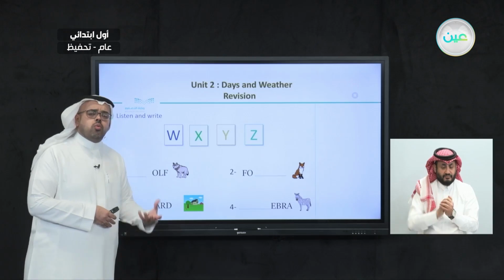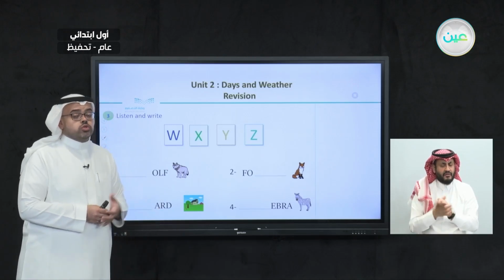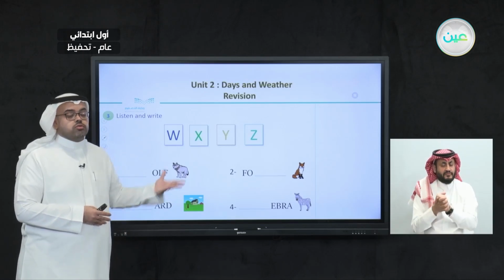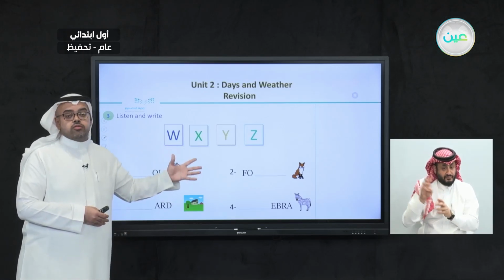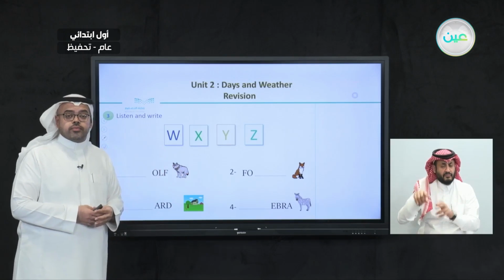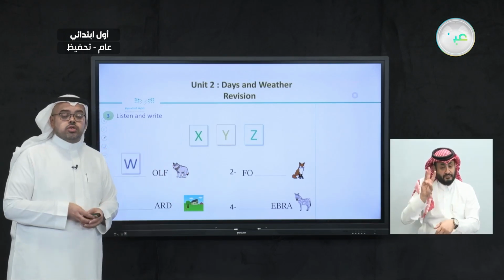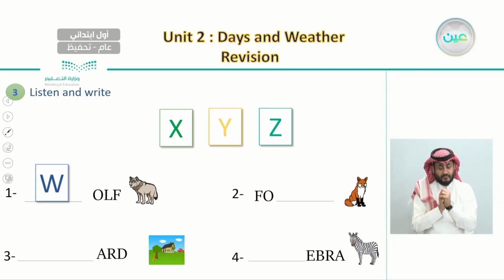So the word wolf, what do you think we should start the word wolf with? Should we start it with W, X, Y, or Z? We said that the first letter of this word is letter W, wolf.